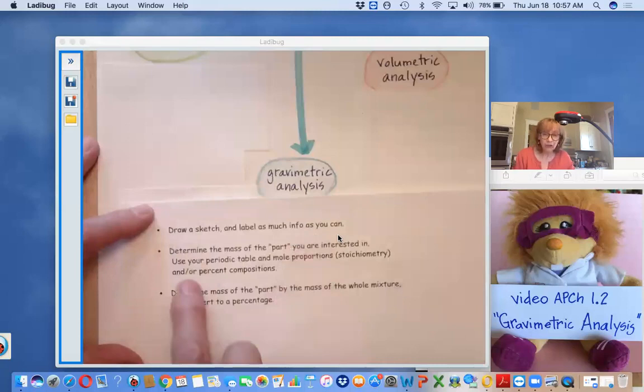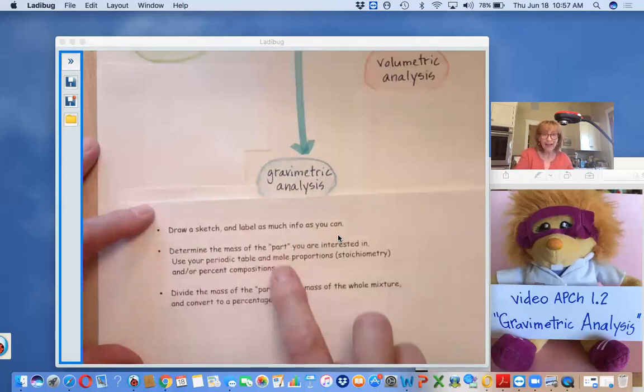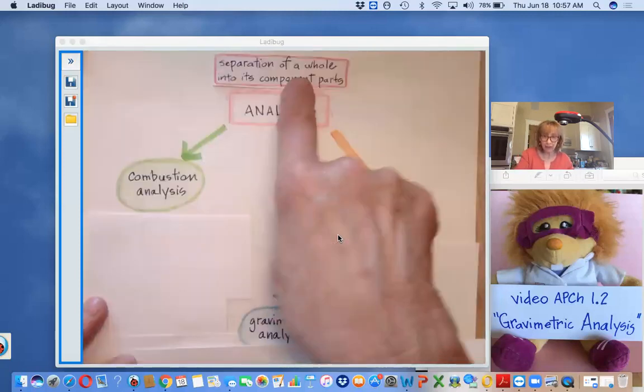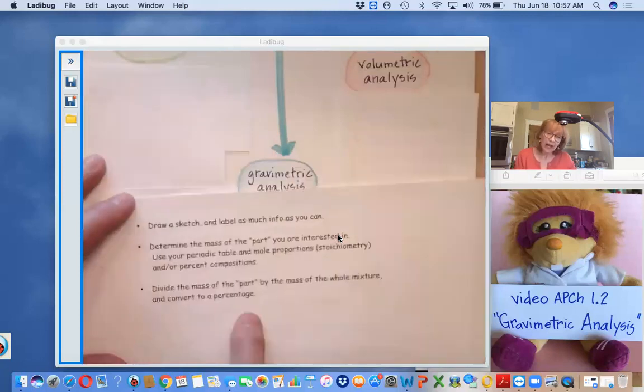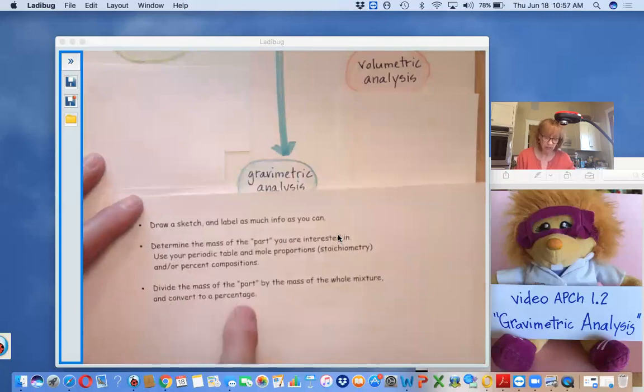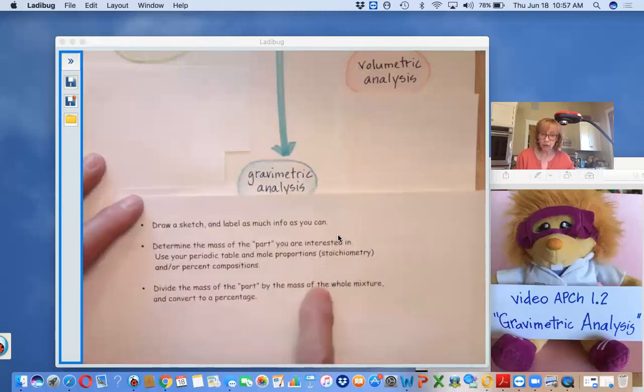The next thing is to zero in on the part you're interested in and somehow determine its mass. That's going to require that you separate out that significant part from the mixture. And then lastly, once you have the mass of the part of interest, you'll divide it by the mass of the whole mixture to get a percentage.